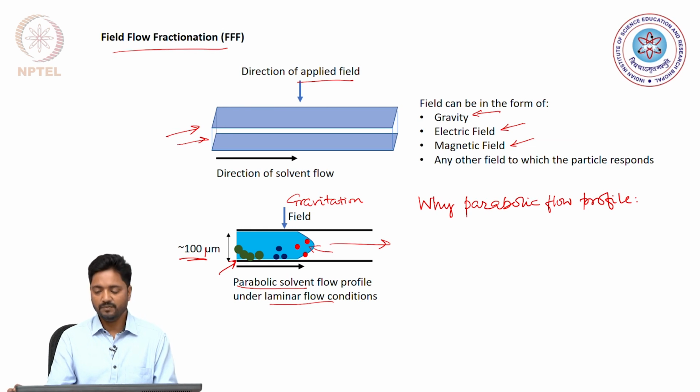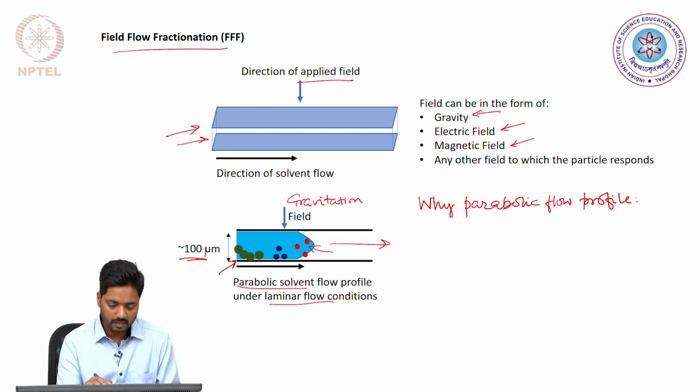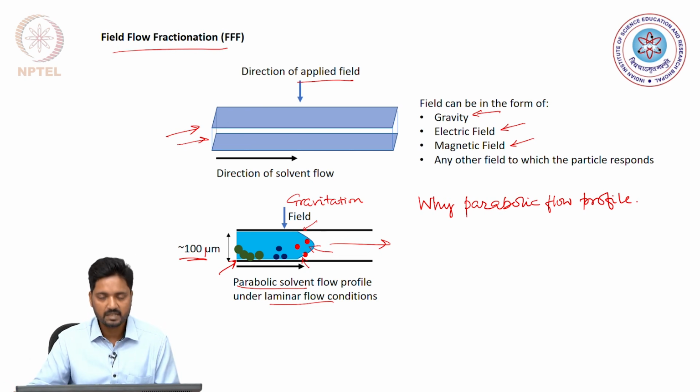So, when a solvent flows through capillaries, the walls of the capillaries attract the solvent, and the solvent flow is negligible near the walls.